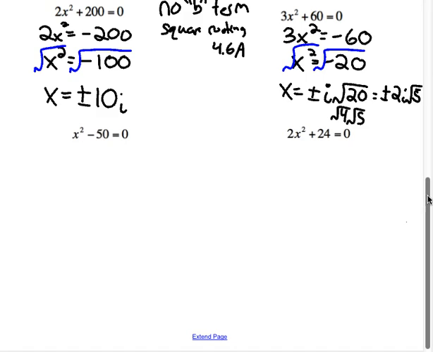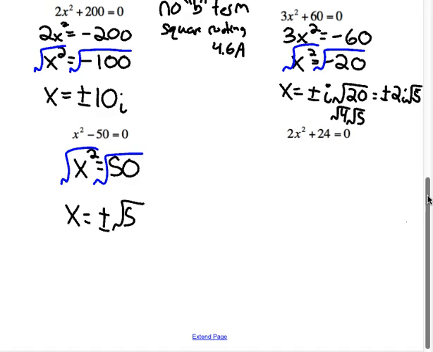All right. Then this one, I'm going to add the 50 over. I'm going to square root. Now in this one, you get your plus or minus, but notice that this time I gave you something where you're square rooting a positive. So because I'm square rooting a positive, this one actually doesn't need the i.